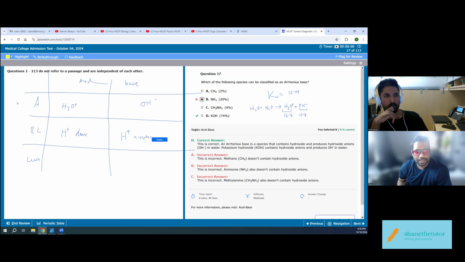So if a passage or a question just says acid or base, that implies acid is the proton donor, and the base is the proton acceptor.